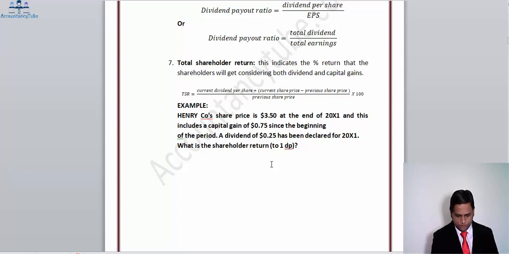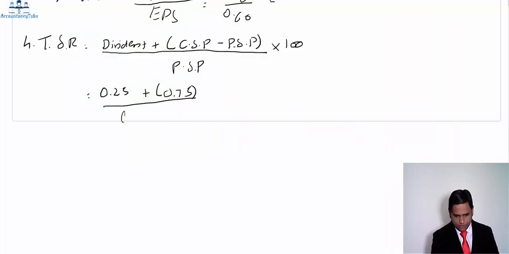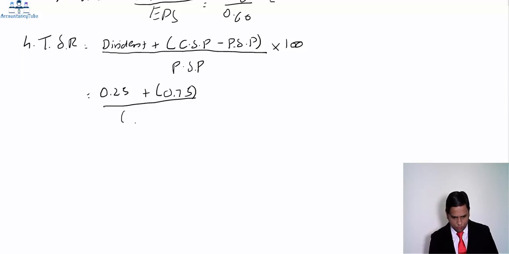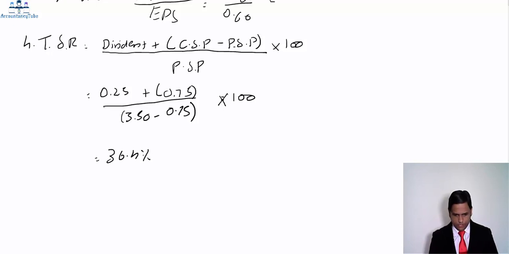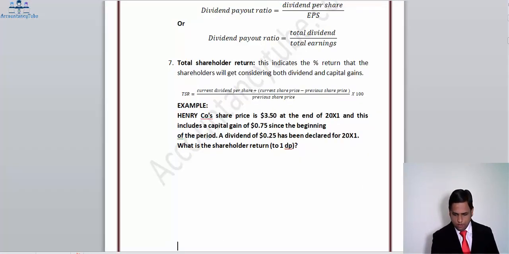What is the shareholders return? So this makes it clear that we need to use 3.50 and deduct 0.75, which is the difference of current share price over previous share price, multiplying with 100, and the result is 36.4%. That's our total shareholders return, and that's our last example of chapter number 1.